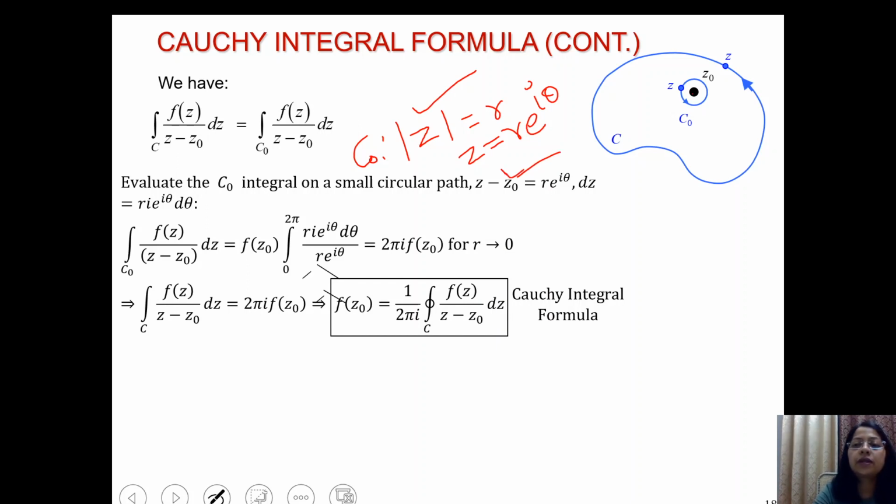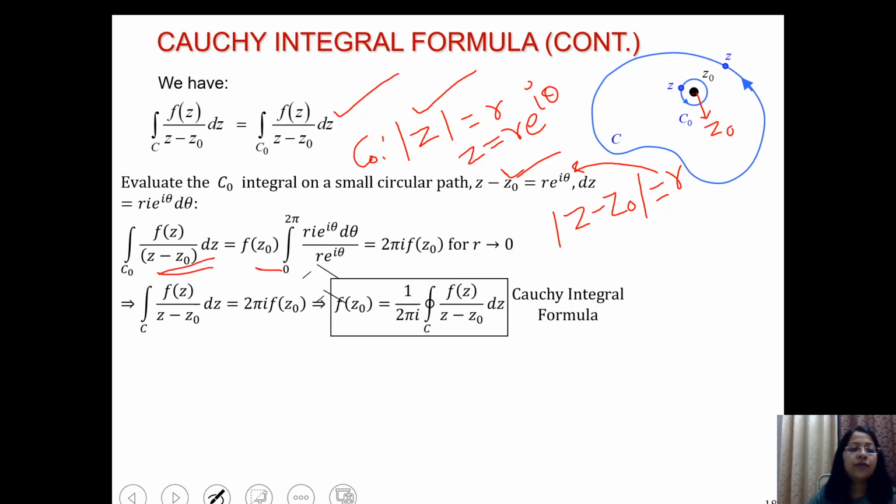So this point is z0, already mentioned. So C0 becomes mod of z minus z0 equal to small r. We have removed the mod and are taking this result. On the right hand side integral we are going to substitute all these values, so here I have substituted all the values.